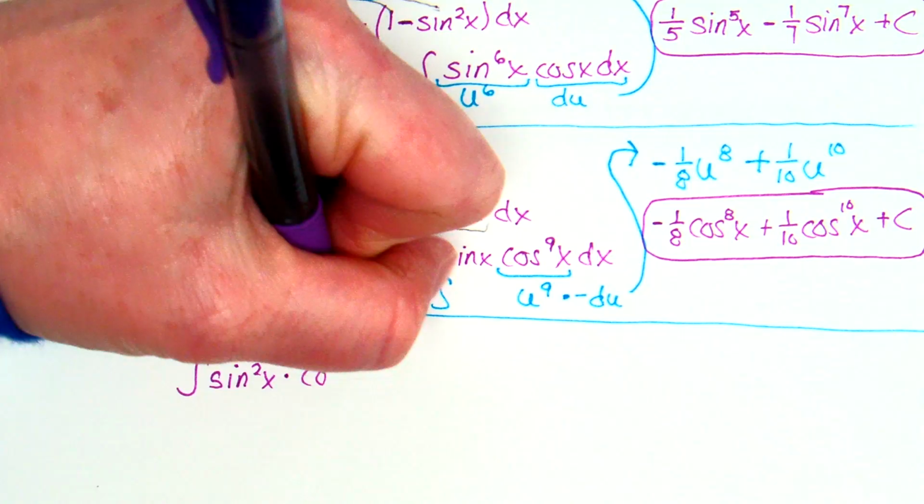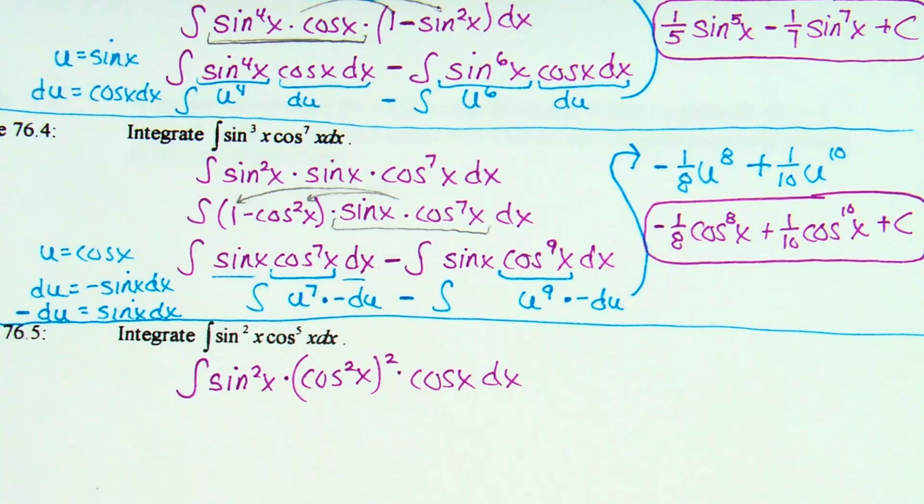It's still equivalent. Because as I said, in the end, we only want something with a power of 1 to be left different. So we're going to end up with everything else in sines except this cosine to the 1st, which will be my chain rule. So do you see how I still have cosine to the 5th? It's basically, if you prefer, cosine squared times cosine squared times cosine.